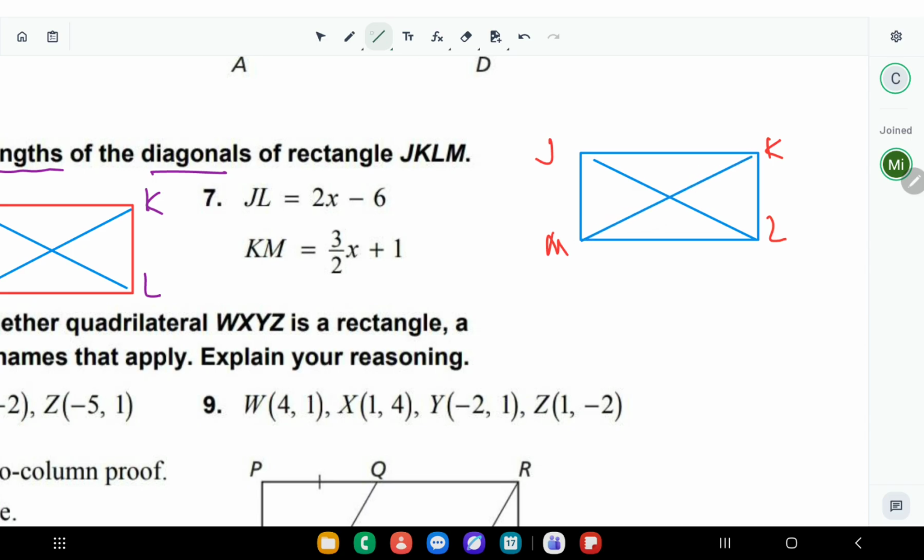They're equal. So JL equals KM. Sorry. 2x minus 6 equals 3/2 x plus 1. Can you solve for x here?